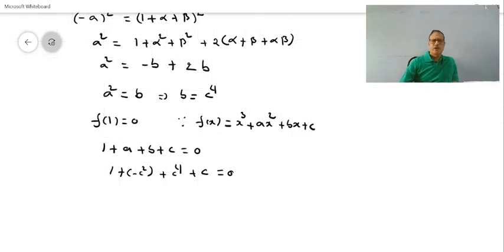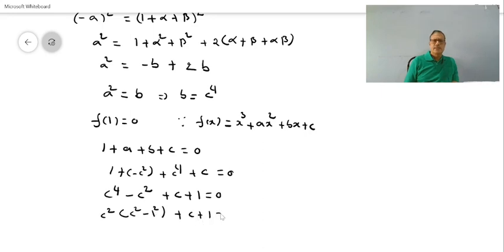So c to the power of 4 minus c square plus c plus 1, this is equal to 0. So I take the c square common from the first two terms, c square into c square minus 1, plus c plus 1, this is equal to 0.